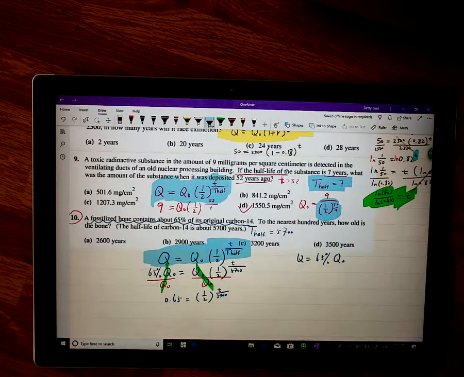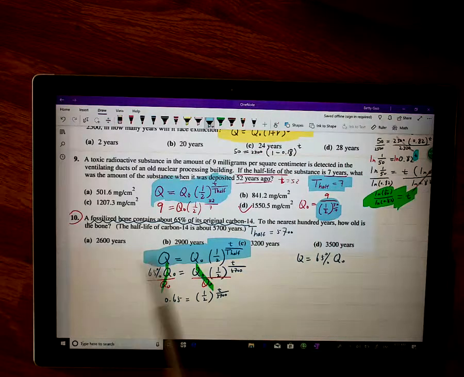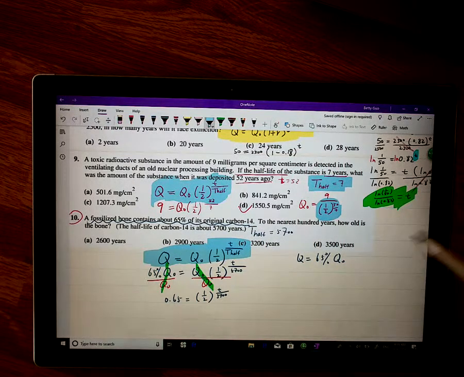So you can see that this is an exponential equation that you haven't learned yet. As I said, you learn that in Algebra 2. So again, how do you find the value for T? You plug in A, B, C, D to figure out which one is the correct one.